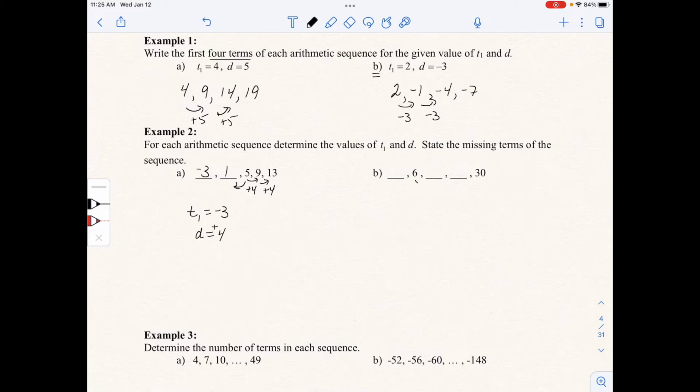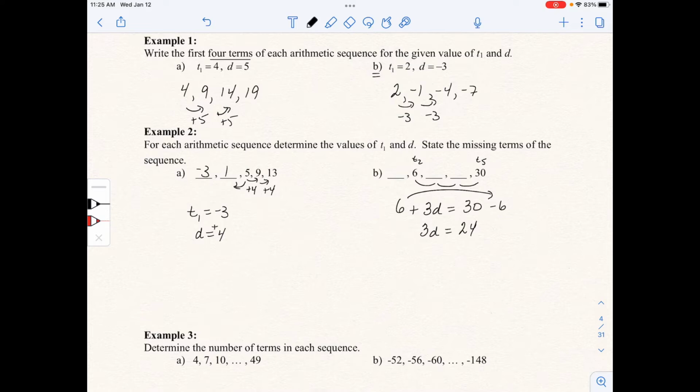Question B, we don't have consecutive terms here, so I know this is term 2 and this is term 5. That's 3 differences. So 6 plus 3 differences gives me 30. Okay, 6 plus 3 differences, so 3 differences would be equal to 24.